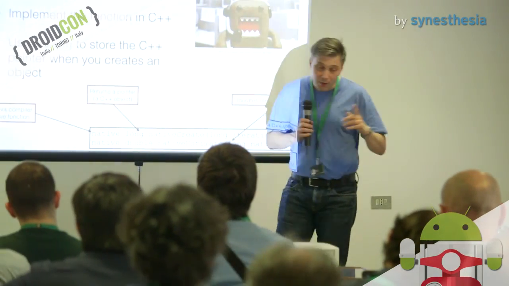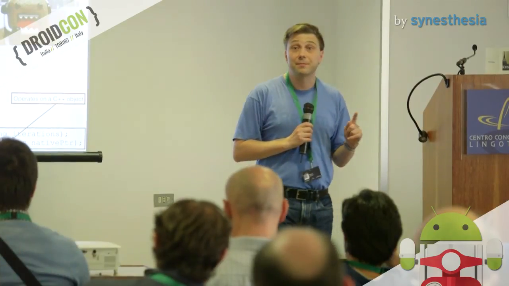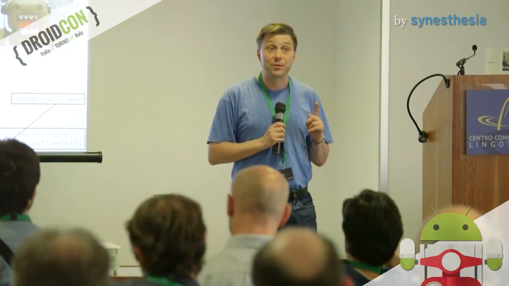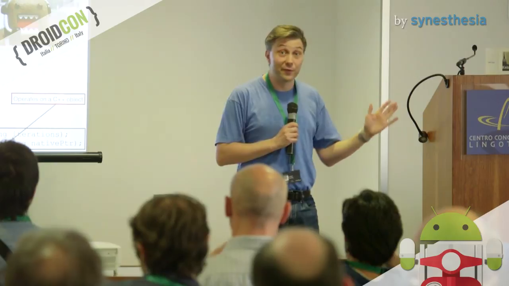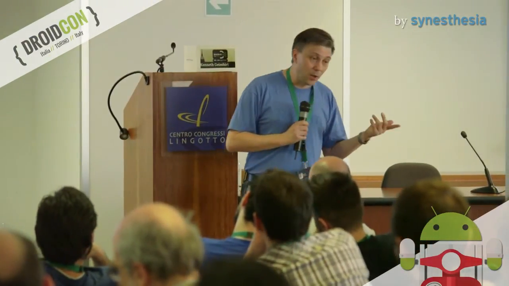The trick with long is that in Java, long is always 64-bit, a 64-bit integer, always, by definition. While in C++, a long depends on the architecture. So if you're working on a 32-bit architecture, a long in C++ is 32-bit. But a pointer is 64-bit.